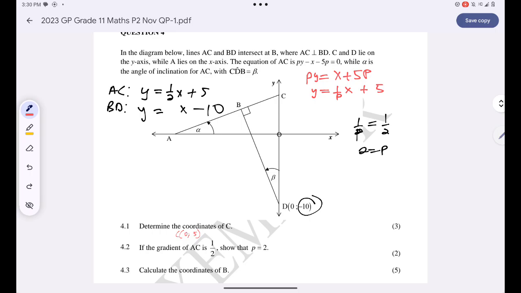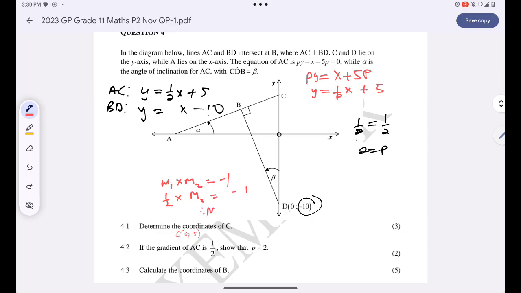If I know the gradient of one line, I can simply find the gradient of the other line. Because if two lines are perpendicular, it simply means that the product of their gradients is always equal to negative 1. Are you together? So if I know the gradient of one line, that's 1 over 2, multiplied by the gradient of the second line, I must get negative 1.